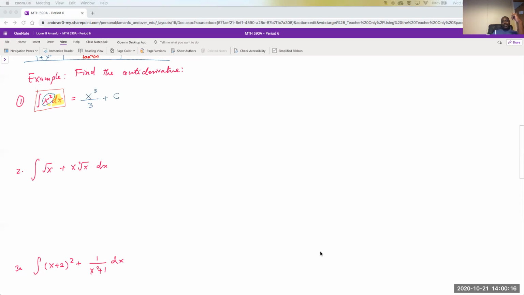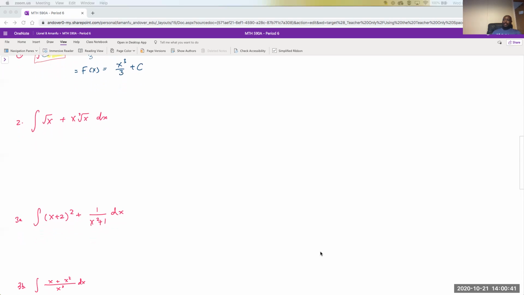Don't forget the c, right? Start with the plus c so that it doesn't become a problem for you by forgetting to put the plus c because it's very important, all right? And then this is what we're calling that big F of x, equal to x cubed over 3 plus c. Okay, let's look at the next question.